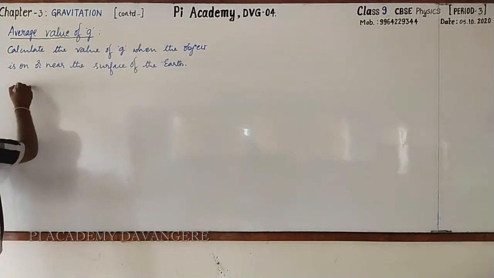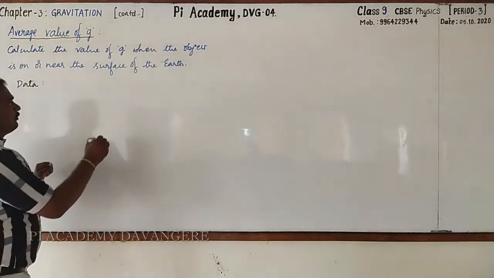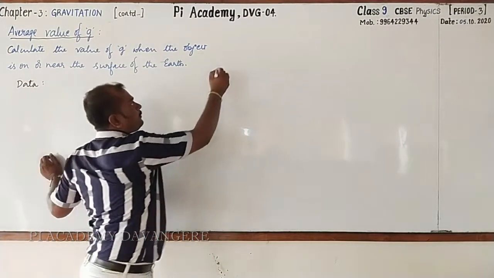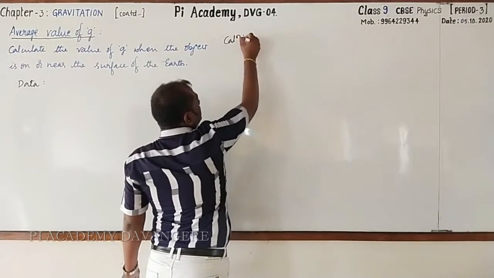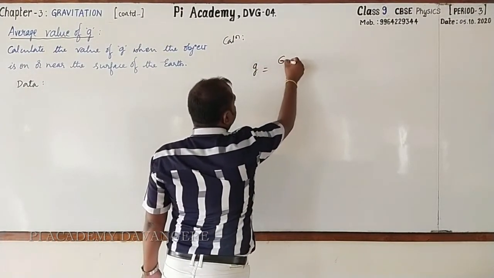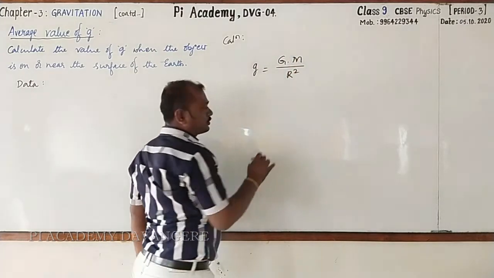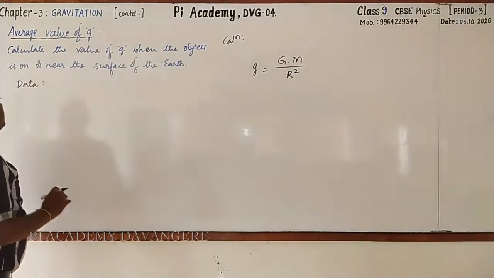Here I'll write data. We are very familiar with the formula to calculate the acceleration due to gravity, that is, g is equal to capital G into capital M by R square. Followed? Okay.